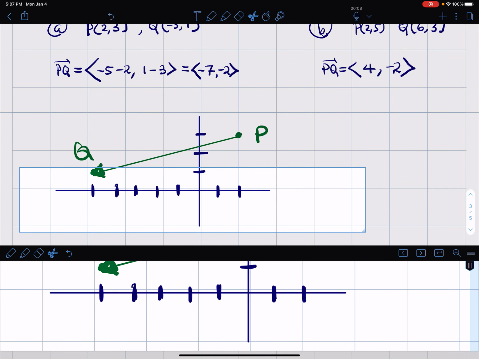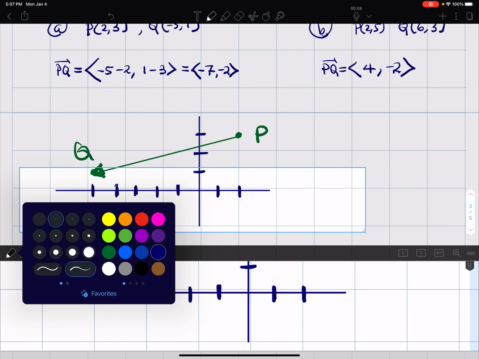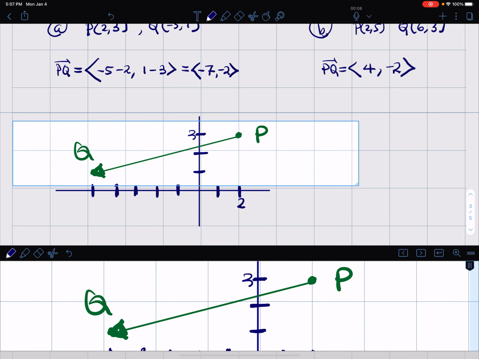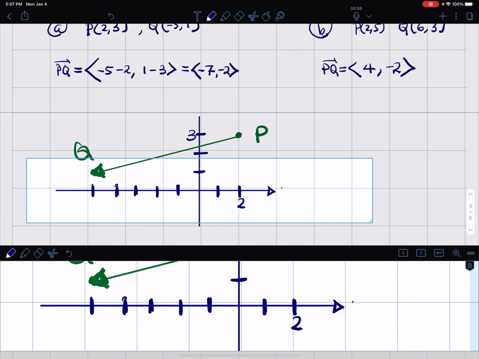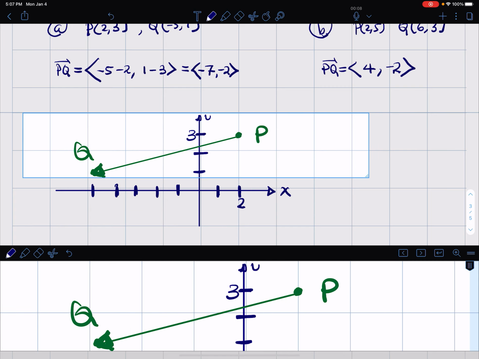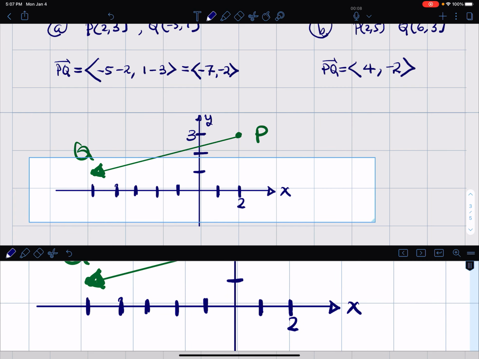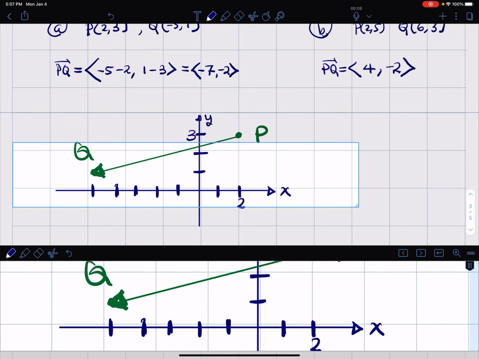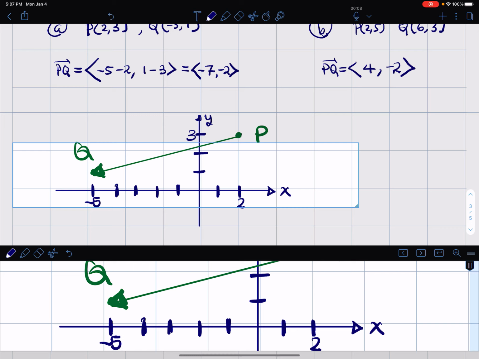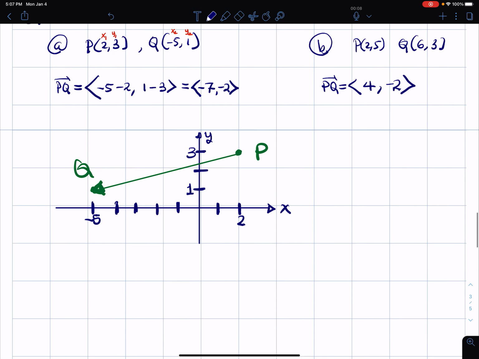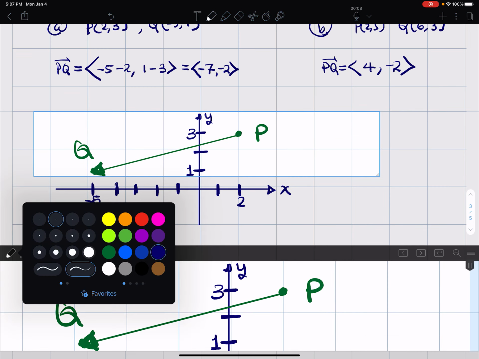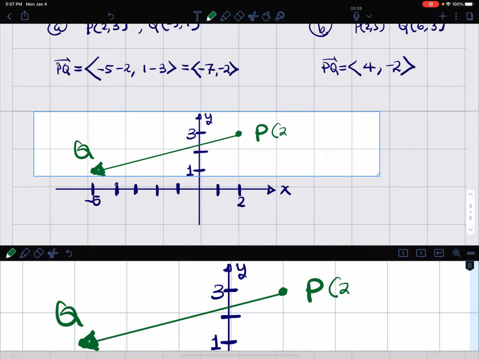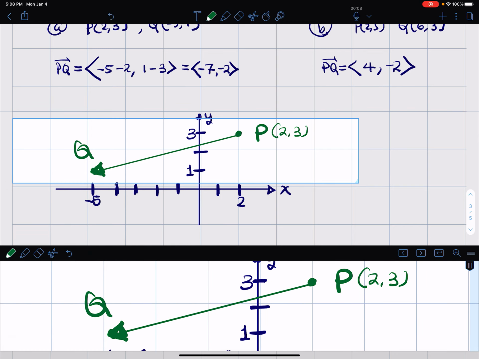This is the x-axis, the y-axis, right? X-coordinate 2, y-coordinate 3. That's the point. And then x-coordinate negative 5, y-coordinate 1. Okay. So that's PQ. So let's just be complete. We have 2, 3, and this is negative 5, 1. Okay, very good.